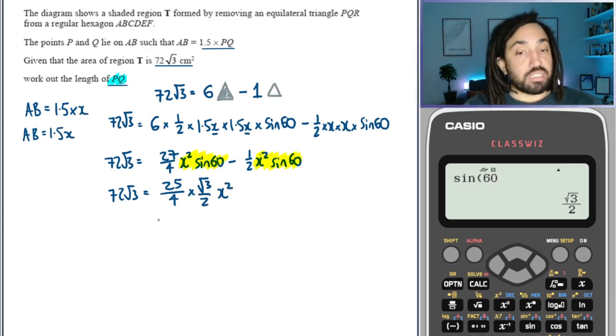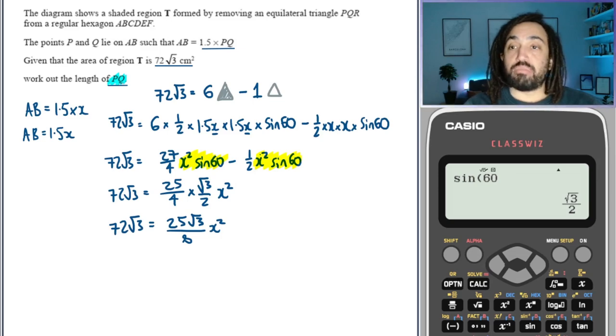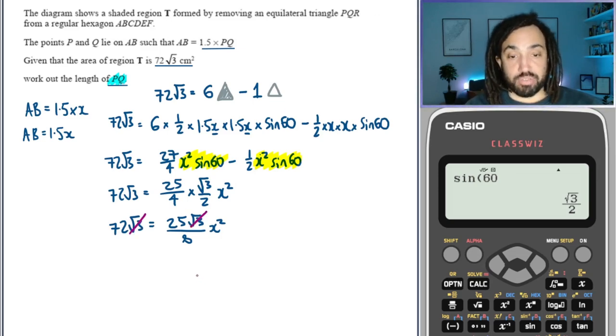Okay, great. So what we can do next is we can just combine these two fractions to get 25 root 3 over 8 x squared. We can then divide through by root 3 on both sides.